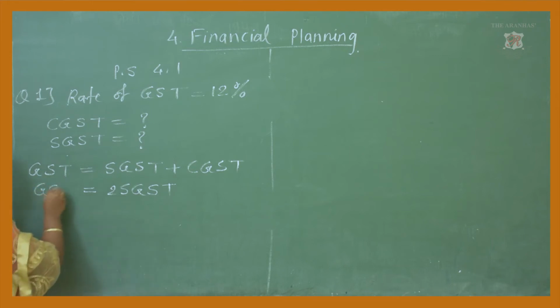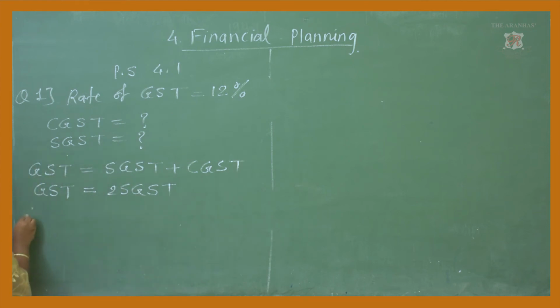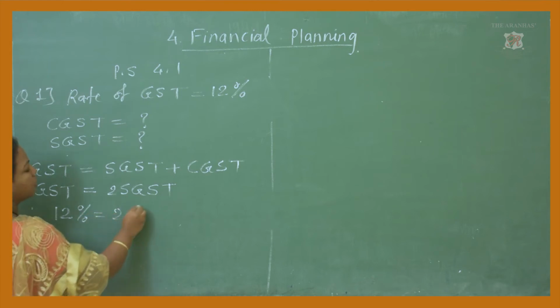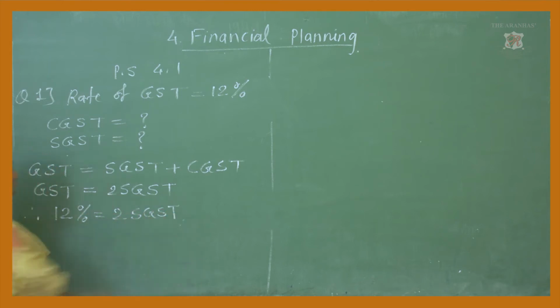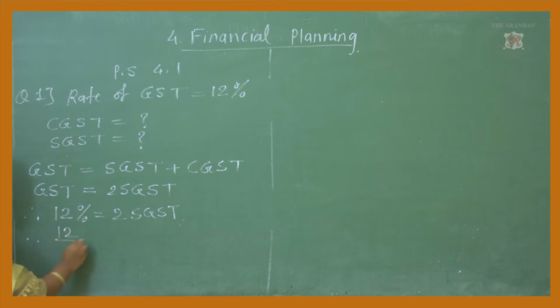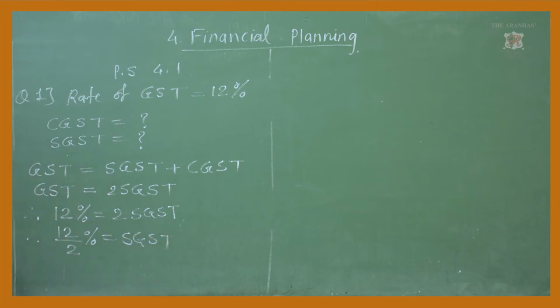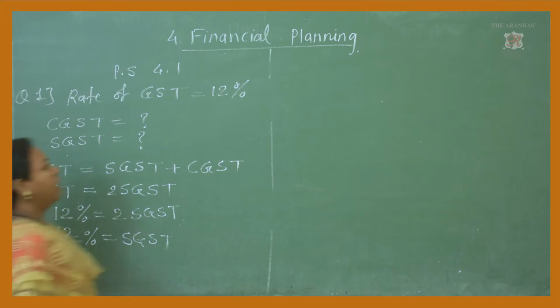So the GST value is 2 times SGST. Now, what is the rate of GST? The rate of GST is 12%. So we put this value here: 12% equals twice SGST. This 2 is multiplied with SGST, so shift it to the left hand side. We get 12 by 2%, which is SGST. 2 ones are 2, 2 sixes are 12.